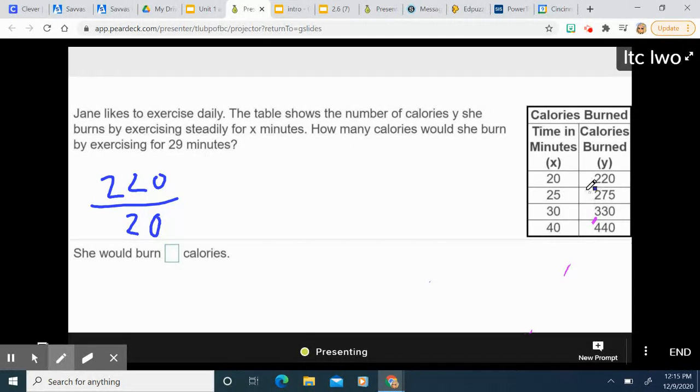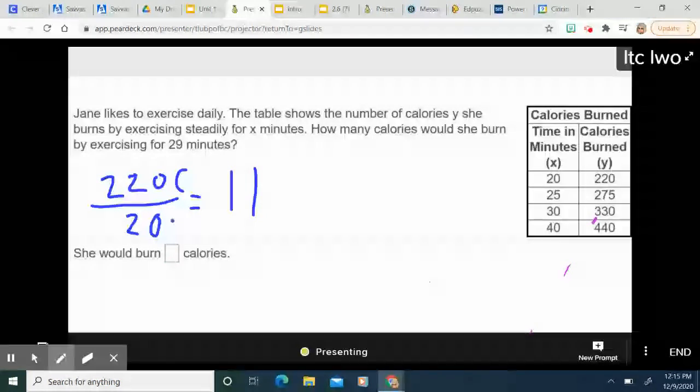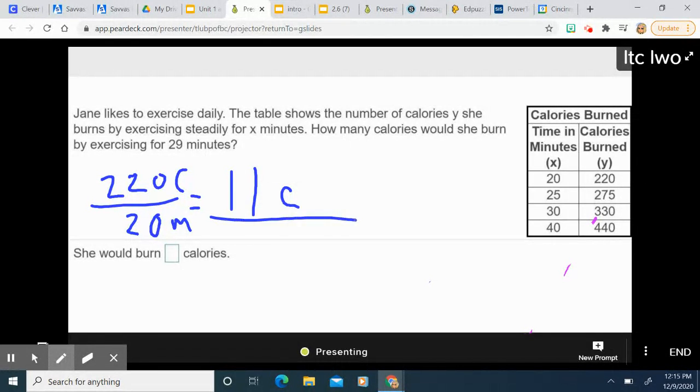And we only need to do one of them because they're all going to be the same, right? Because it says it's proportional. So 220 divided by 20 is 11. So what that means, because this is 220 calories over 20 minutes, is that she burns 11 calories in 1 minute. That's our constant of proportionality.